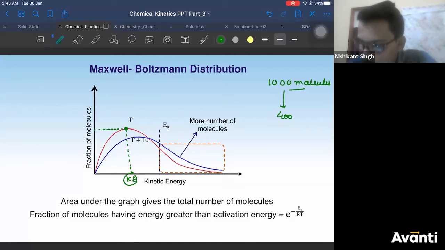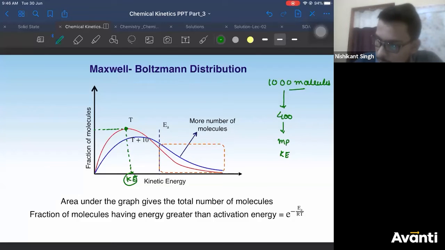So there are 400 molecules having this kinetic energy value. So you can say most probable kinetic energy is this. 400 molecules have most probable kinetic energy, right? So what happens after this? As you increase the kinetic energy, the fraction of molecules is less, right?